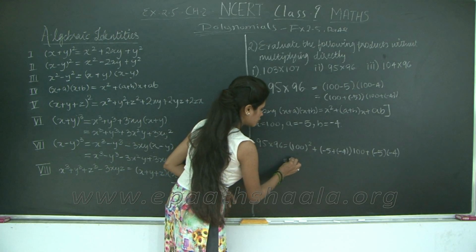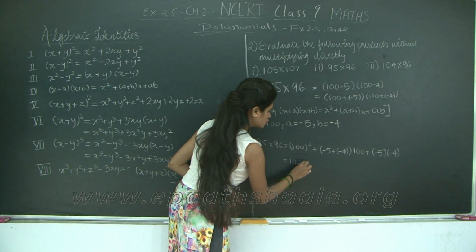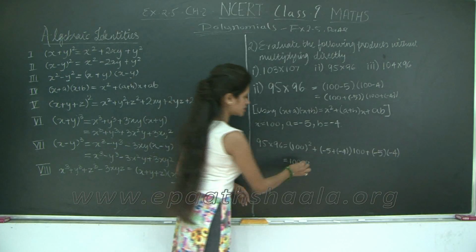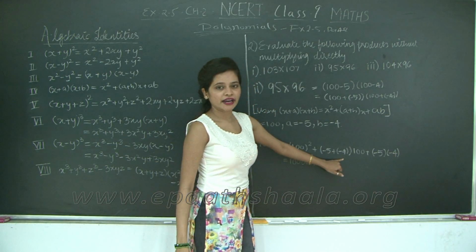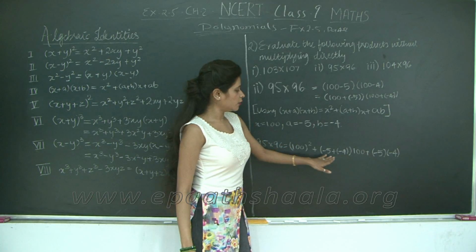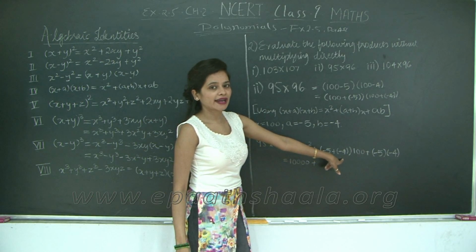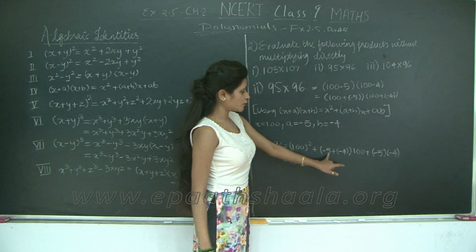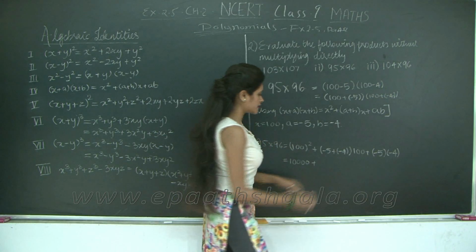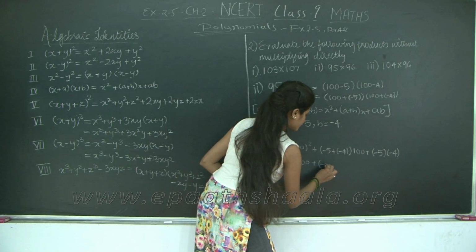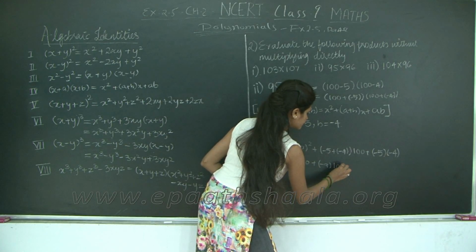Now let's go ahead and expand it further. So 100 square would be 10000, 4 zeros, plus, now we have minus 5 and minus 4, you have to add them up. Anyway, they are same sign, so I am going to add and take the sign of the greater number. So 5 plus 4 is 9 and sign of the greater number is minus. So this will be minus 9 into 100.